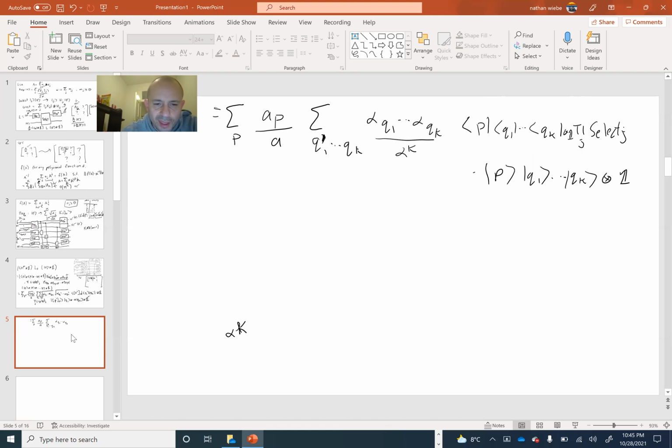We can end up seeing that this will give us something equal to the sum over P, A sub P over A, sum over Q1 through QK, alpha Q1 through alpha QK, divided by alpha to the kth power.